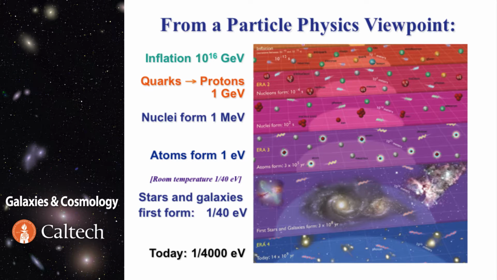At earlier times, the energies were correspondingly larger, and inflation happened when particles had energies of 10 to the 16 giga-electron volts. Just for comparison, the Large Hadron Collider produces particles of about 100 giga-electron volts rest mass energy.